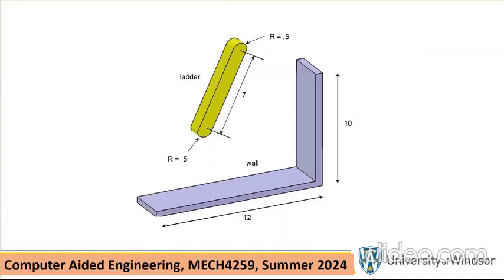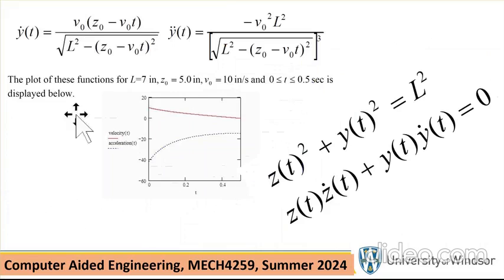Now, this is the kind of thing that your calculus prof, for example, did under the sliding ladder problem, or related rate problem. And he showed that based on the fact that the length of the ladder is constant, you can assume that z squared plus y squared is equal to L squared, which is the constant, the length of the ladder. And then if you differentiate this, you get something like that.